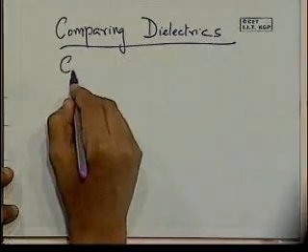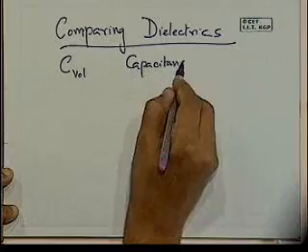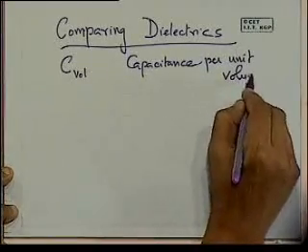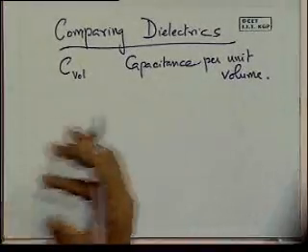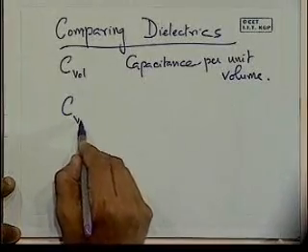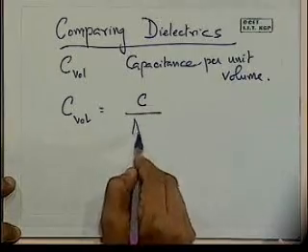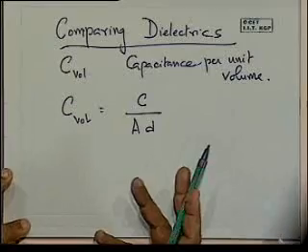We define a term called capacitance per unit volume. That's sort of like a capacitance density. Within a given volume, what is the capacitance? Namely, C volume is equal to capacitance by A times D, where again we're using the idea of a parallel plate capacitor.